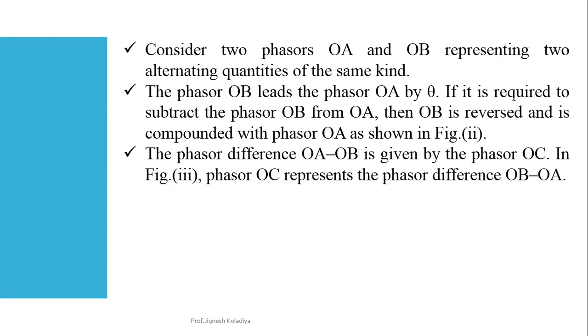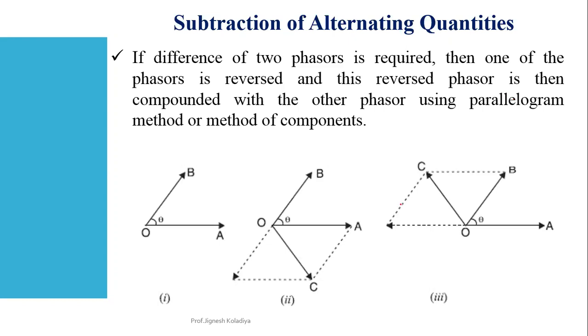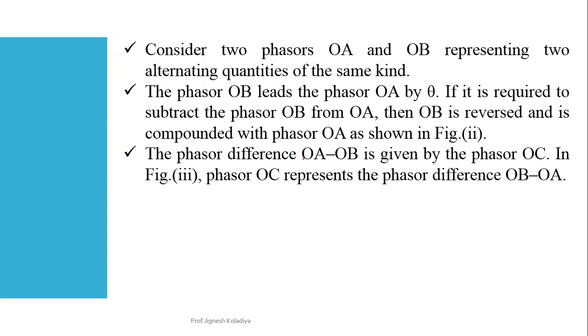If it is required to subtract phasor OB from OA, then you can take a reverse of OB, then OB is reversed and is compounded with OA, either by using parallelogram method or XY component method. And this phasor difference OA minus OB is nothing but OC, that is your resultant.